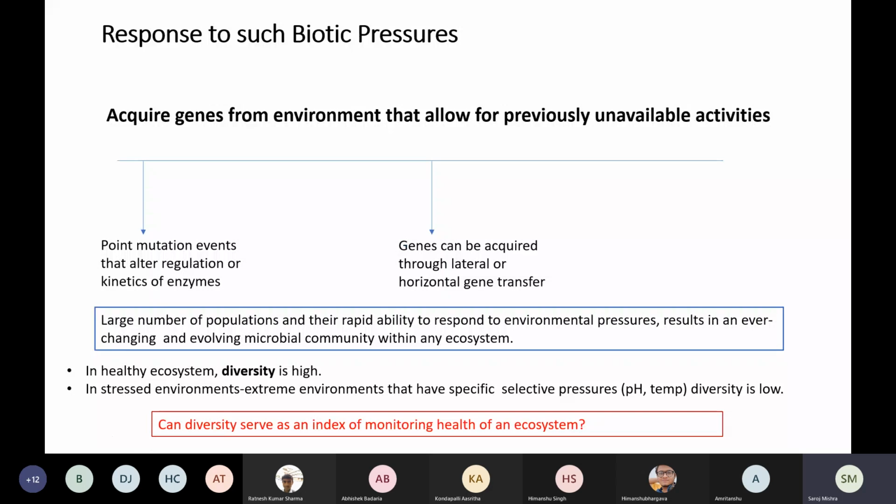Now this poor Pseudomonas doesn't have any gene for metabolizing this hydrocarbon. But in the same vicinity there is another bacterium which can metabolize hydrocarbon, and that particular gene is present on a plasmid. Then the Pseudomonas can acquire the ability to metabolize that.